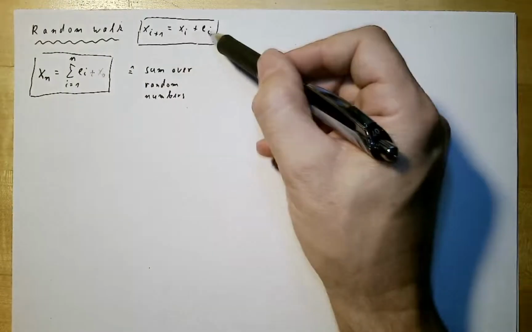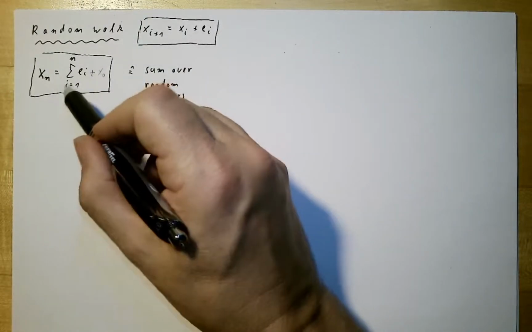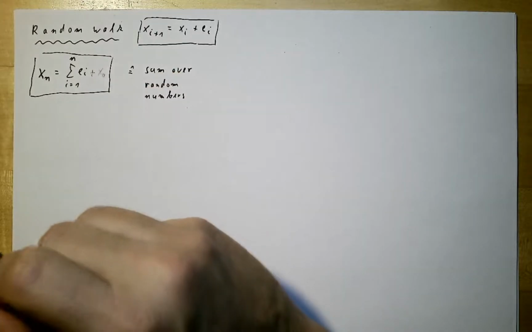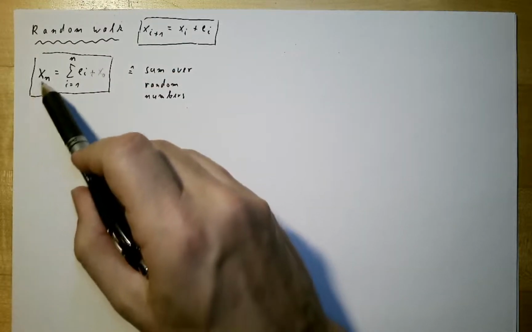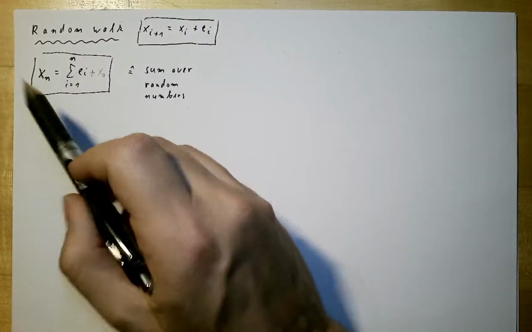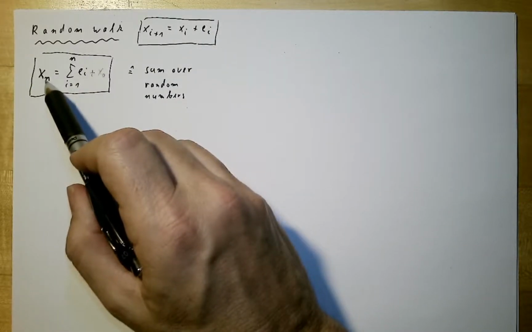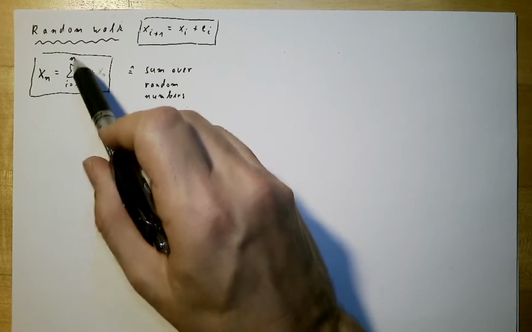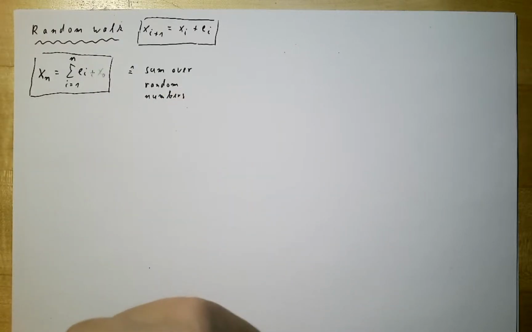That's just a shift in the increments. It remains that the nth value of the random walk is the sum over n random numbers.